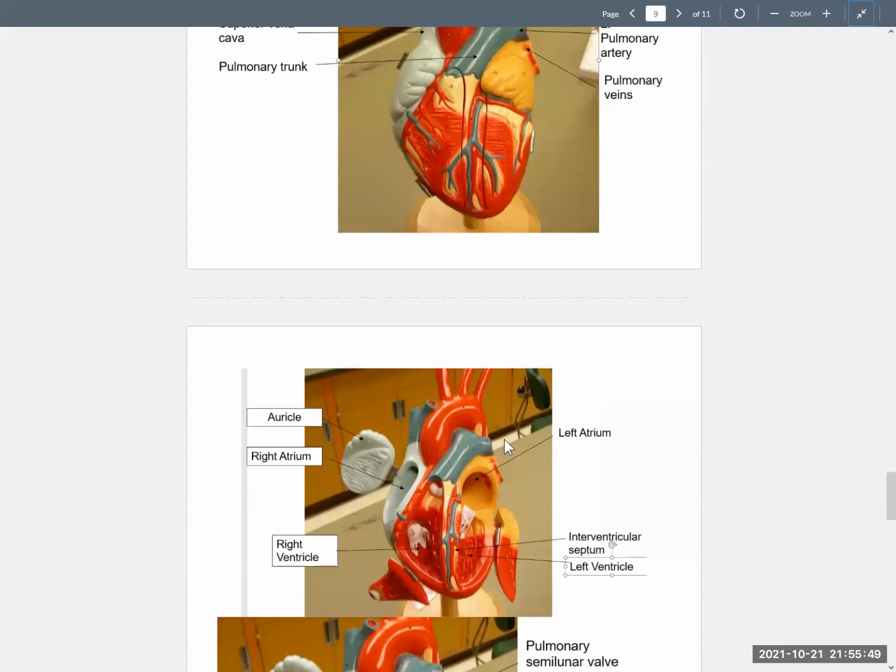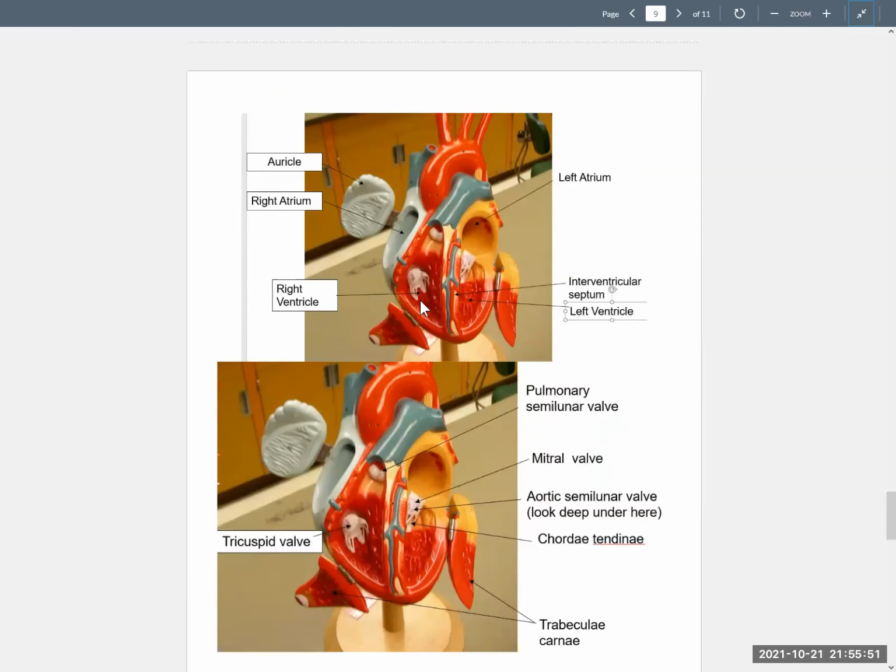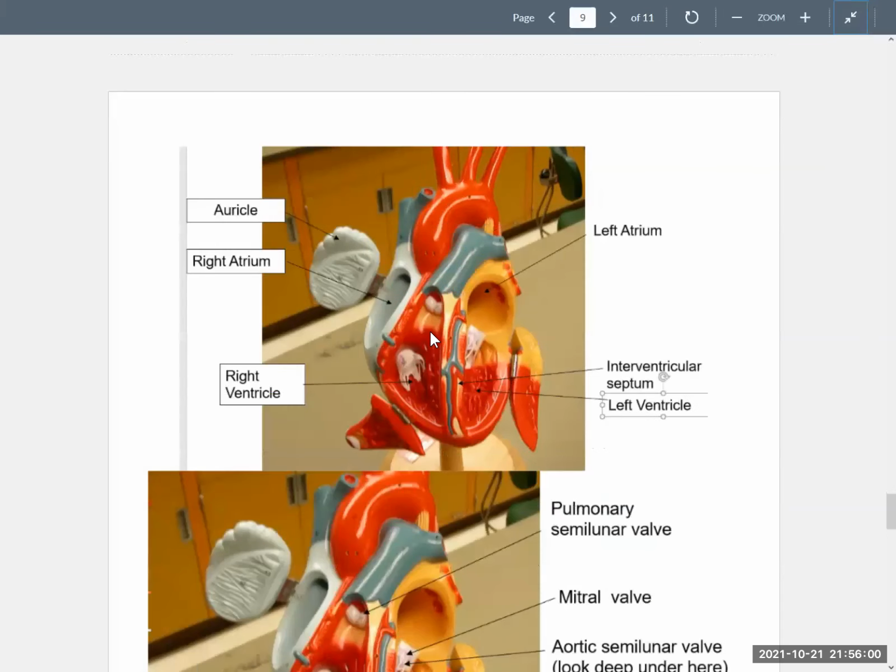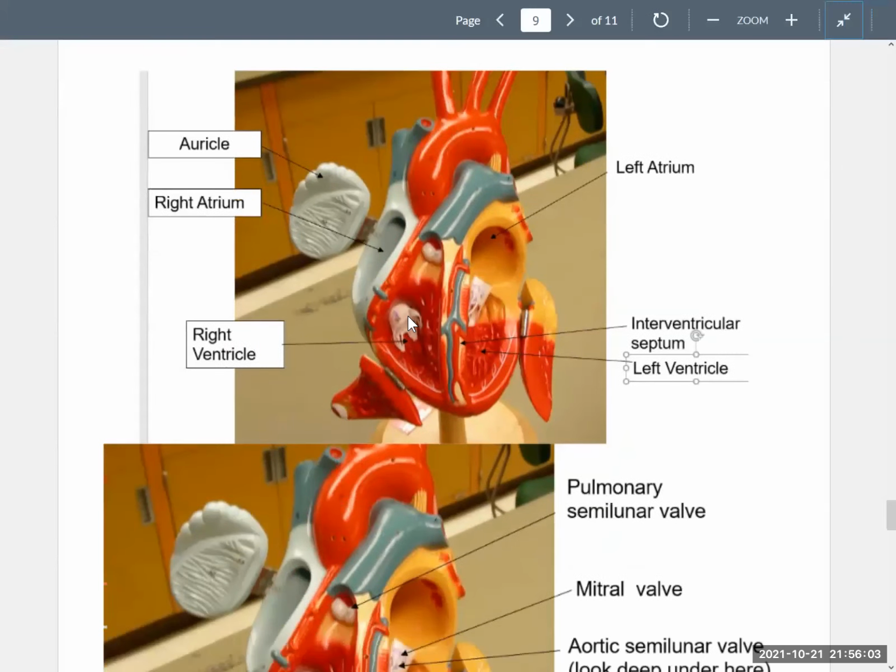Now it's open. Here's the right ventricle, entered through the tricuspid valve. Right atrium here, and the auricle here. The left atrium, the mitral valve, and the left ventricle. The IV septum is this structure right here.